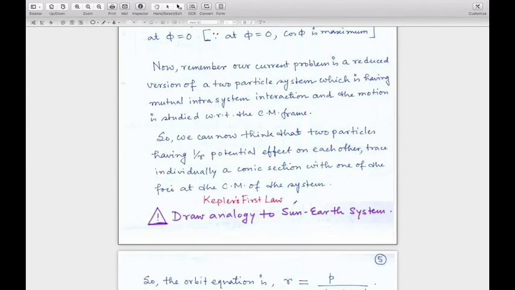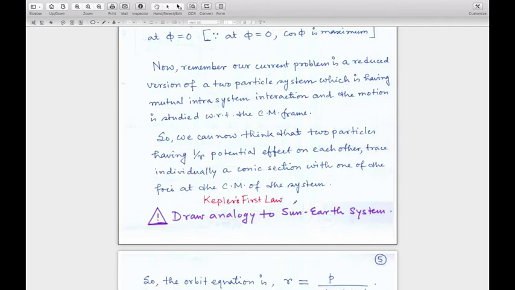And when one of the two masses is very big, greater than the other, the center of mass practically lies on the bigger mass, right? And then we can say that the one particle is moving in a conic section having the other particle at one of its foci.